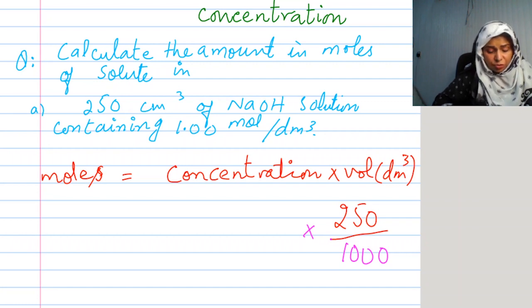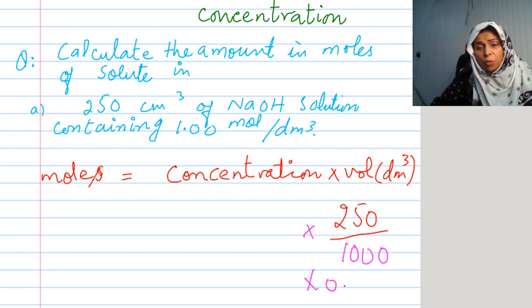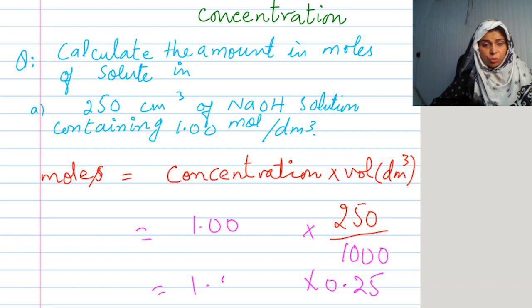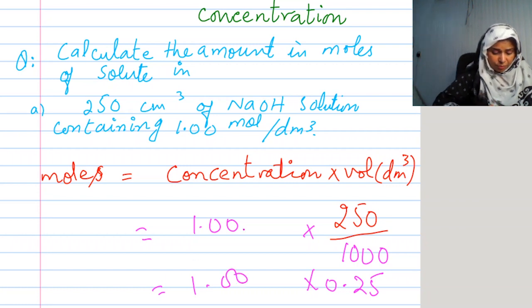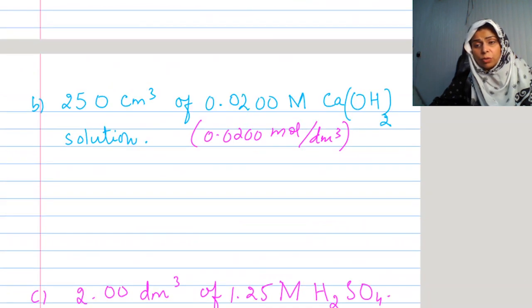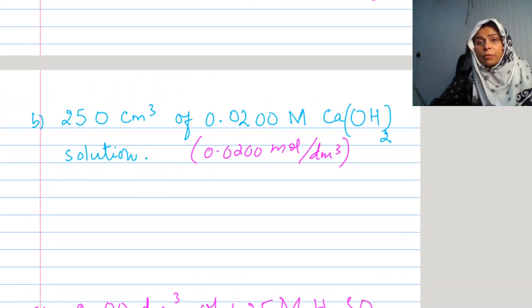So 250 divided by 1000 gives 0.25. Then 0.25 is the value in decimeter cube, right? Then the concentration is given, that is 1.00. If we multiply 1.00 by 0.25, we get the answer, that is 0.25.